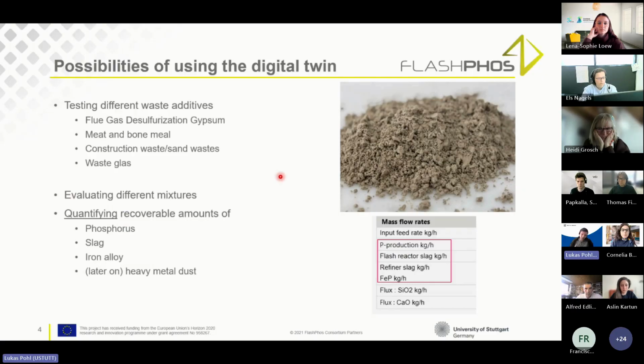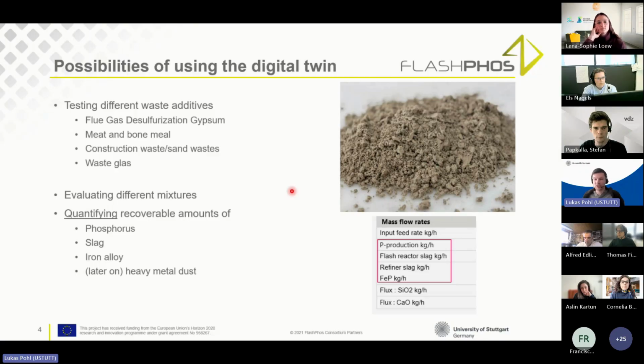So before searching for further chemical compositions and average compositions and whatsoever, we could skip this stage by simply looking at the materials themselves in a rather raw way and look at the main influences on our process. So we could quantify this and identify the waste streams really suiting or benefiting the FlashPhos process.